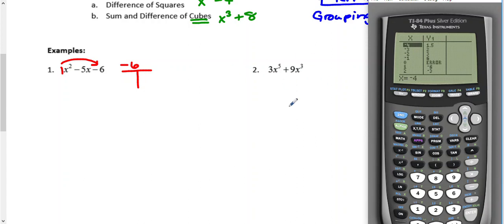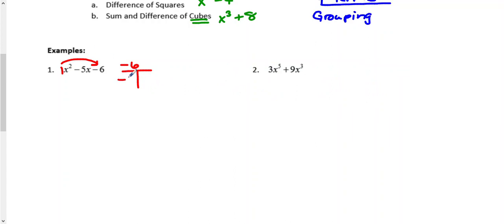From here, I see that I can go with negative 6 and positive 1. Now let me double check. Negative 6 times 1 does give me negative 6. Negative 6 plus 1 does give me negative 5.